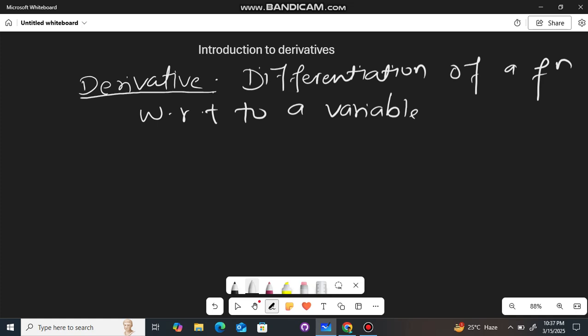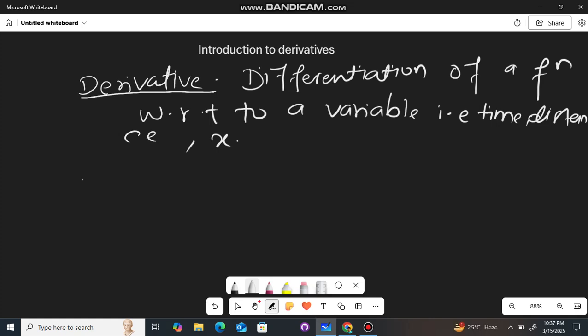The variable can either be time in most of the cases, distance, or if a function is given, then we will differentiate it with respect to x. This is derivative. Okay. A lot of techniques are being used here.